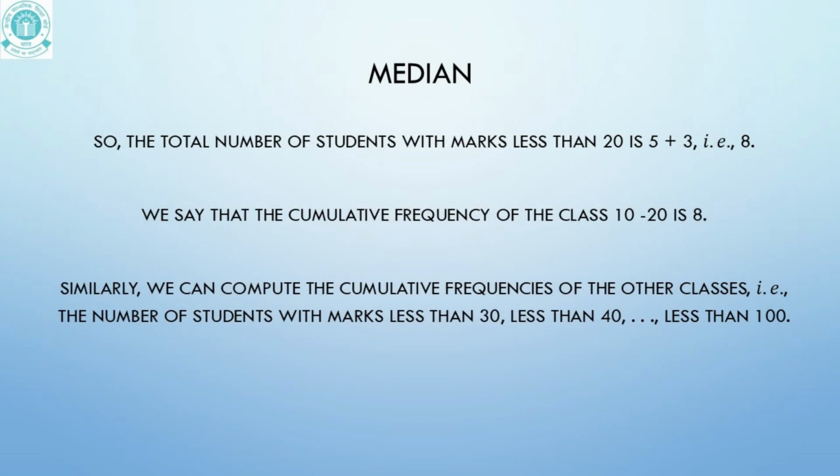So, the total number of students with marks less than 20 is 5 plus 3, that is 8. We say that the cumulative frequency of the class from 10 to 20 is 8. Similarly, we can compute the cumulative frequencies of the other classes, that is, the number of students with marks less than 30, less than 40, and so on till less than 100.